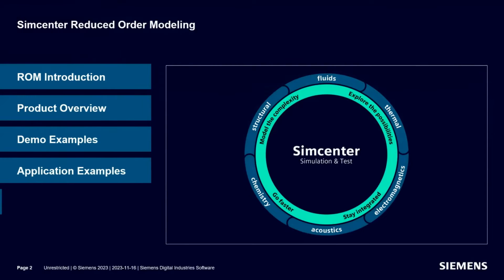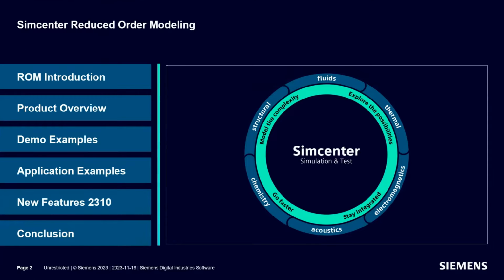So, a quick agenda. My plan here is to have a basic workflow of reduced order modeling introduction, then go into a product overview of Simcenter Reduced Order Modeling, how it's incorporated into our portfolio, and give some more hands-on demo examples that I've worked on personally, open up some of the software, hopefully if we have time, then go a little bit high level with some application examples on incorporating different tool sets, different integrations of simulation data or test data.